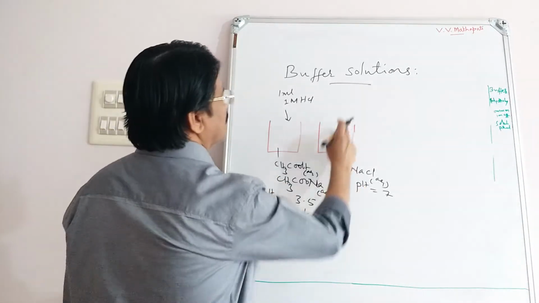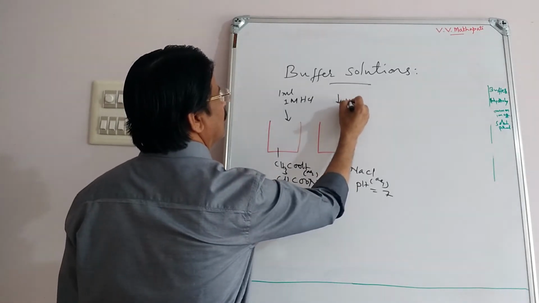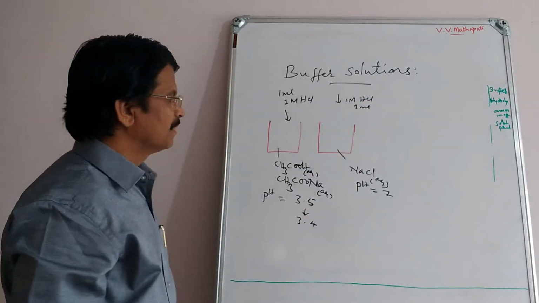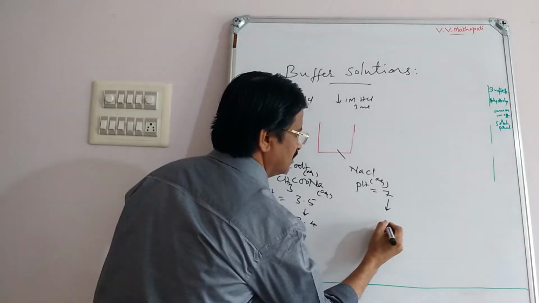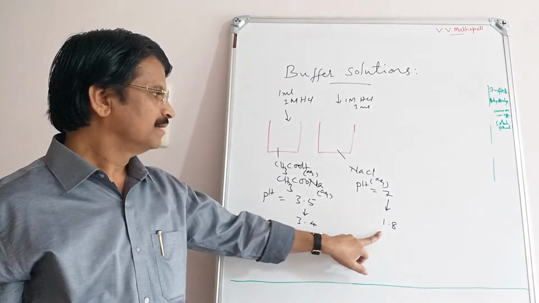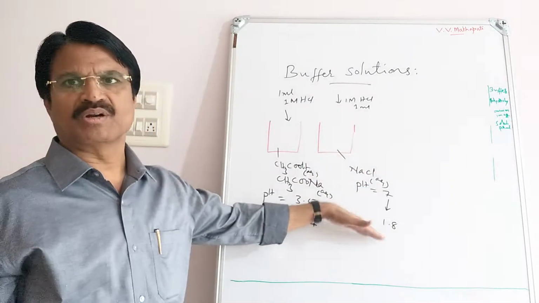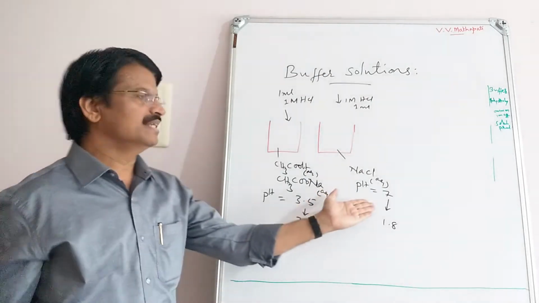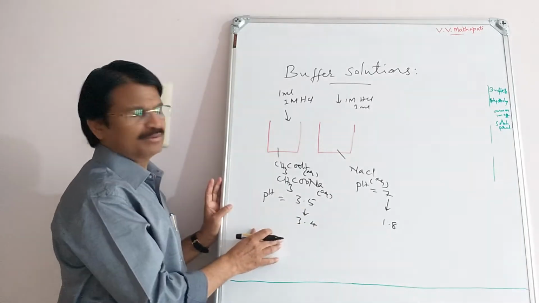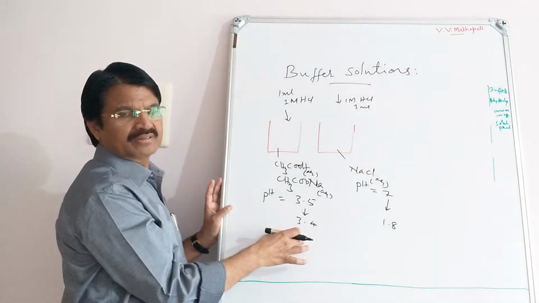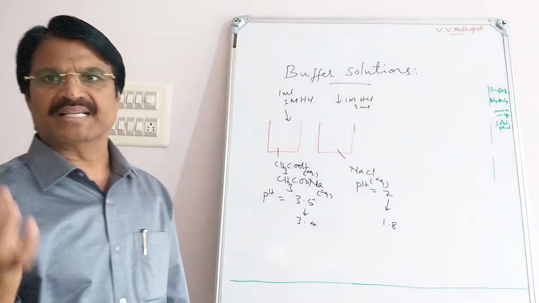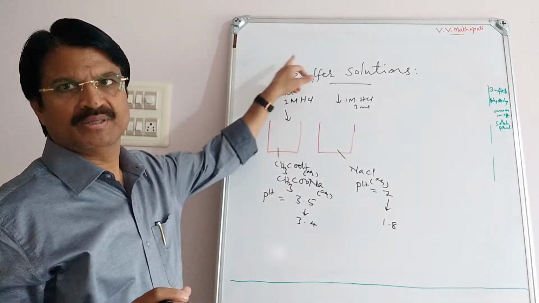But when the same quantity, 1 ml of 1 molar HCl, is added to the NaCl solution, the pH value changes from 7 to 1.8. A large difference, around 5 units decrease. But here it is very small, negligible. Therefore, a solution whose pH remains almost constant on adding a small amount of acid or alkali is said to be a buffer solution.